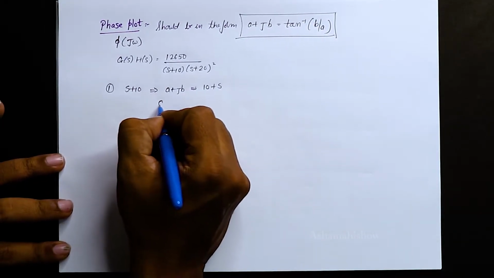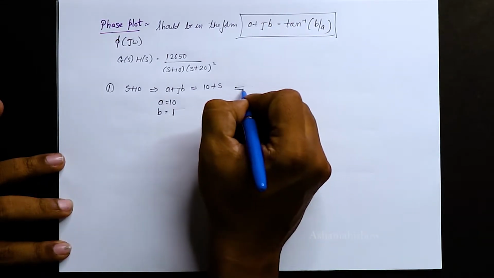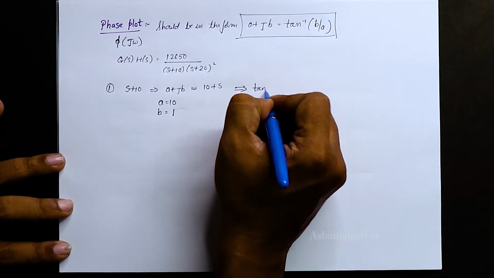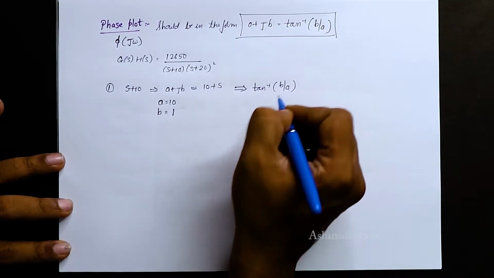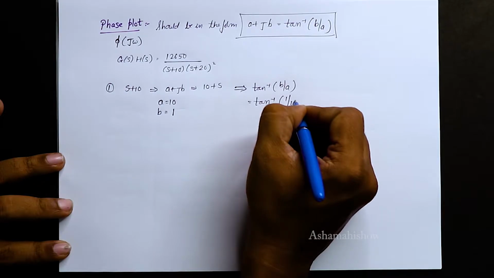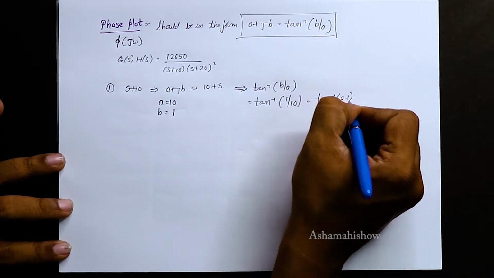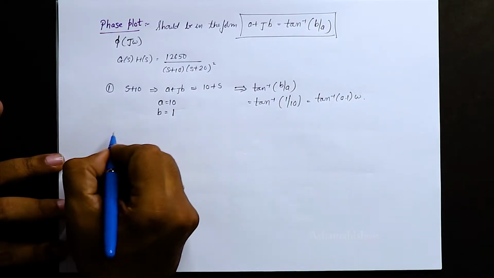Then A is equal to 10 and B is equal to 1. So tan inverse B by A is tan inverse 1 by 10, which is tan inverse 0.1 omega. That is the first one.